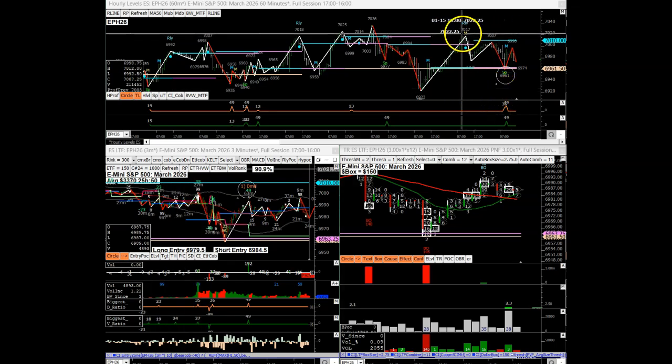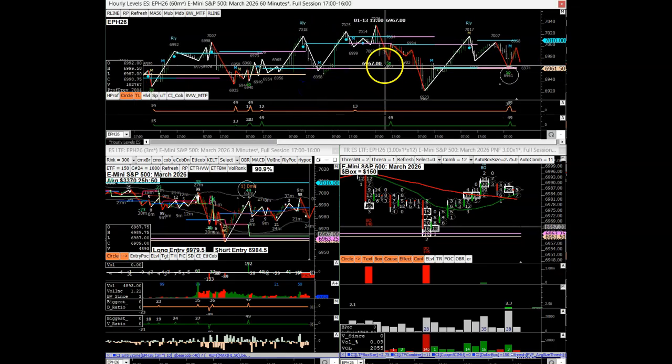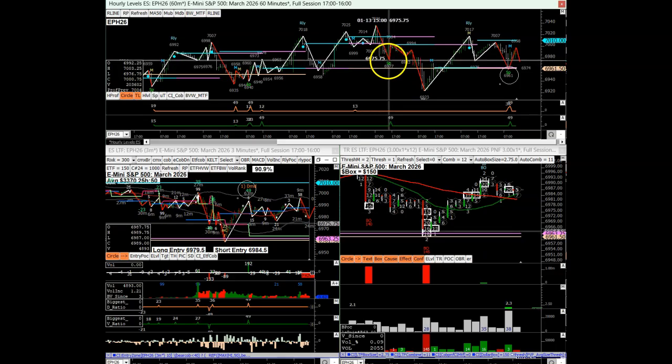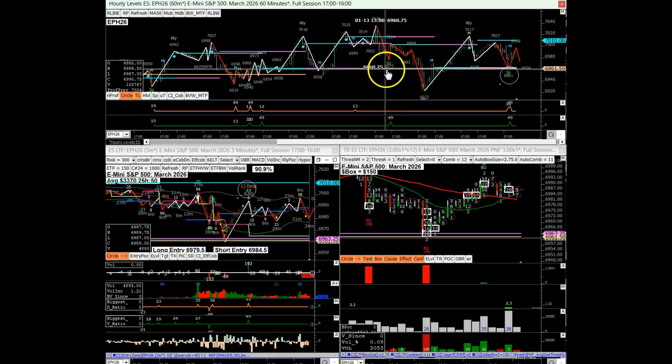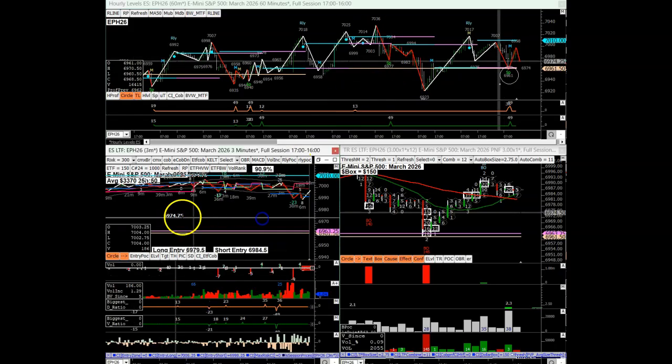This is a different type of signal. There's a number of signals, but we're just looking at springs. So the next spring is 69.77. Take a look at that.